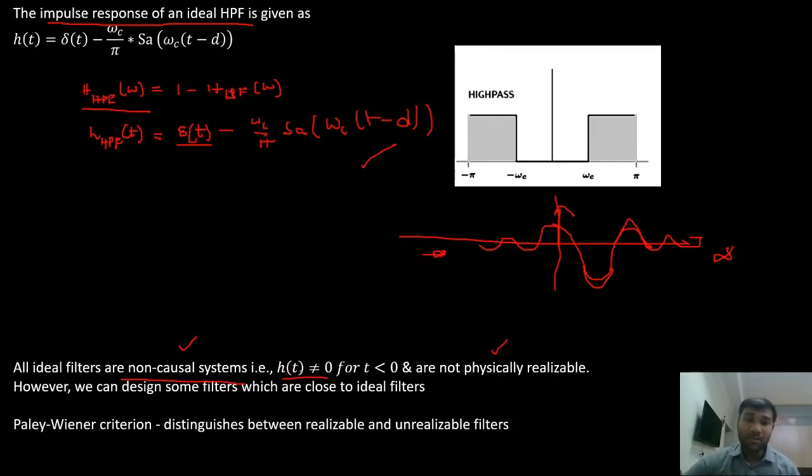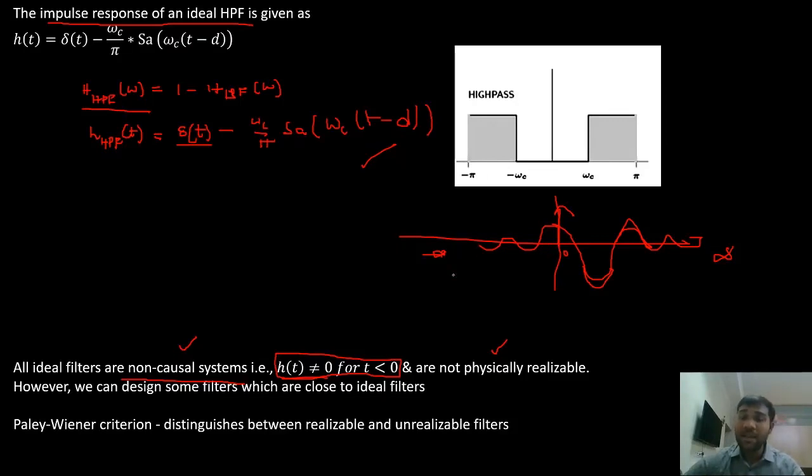So what does this mean when the impulse response is defined for t less than 0? That means there is some response even before I apply any input. I apply input always at t equal to 0, but my impulse response is non-zero for t less than 0.